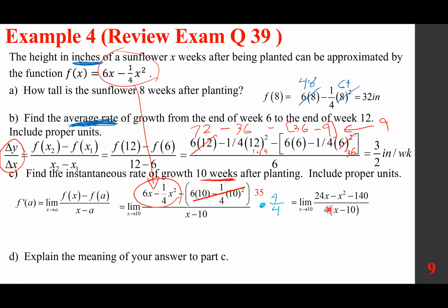Now, the denominator is done, and notice x is approaching 10. In fact, if you plug in, you get 0/0. So all you have to do is factor the top. In order to factor the top, we put it in descending order.